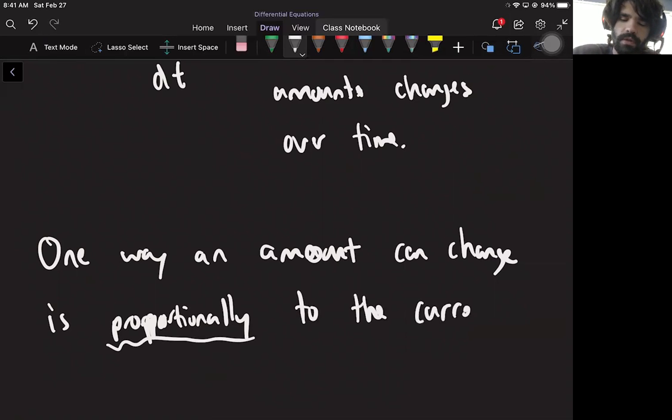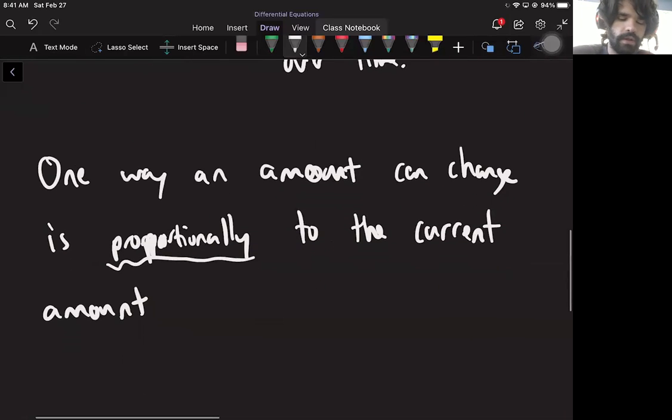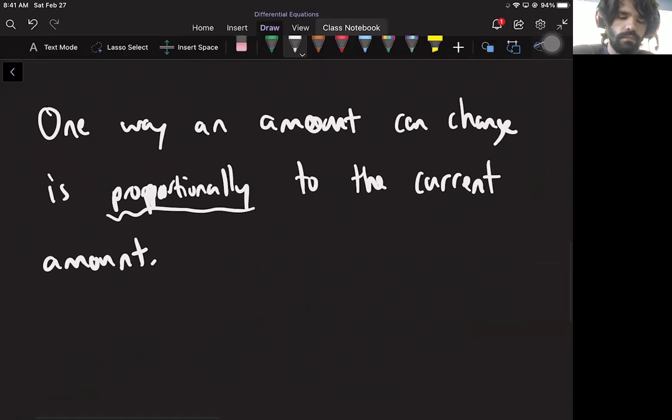So hopefully that's a believable fact. The more you have right now, the more it'll grow, or it'll continue growing like that based on how much you currently have. So then what does this mean? Well, proportionally just means that they're the same up to a constant multiple.